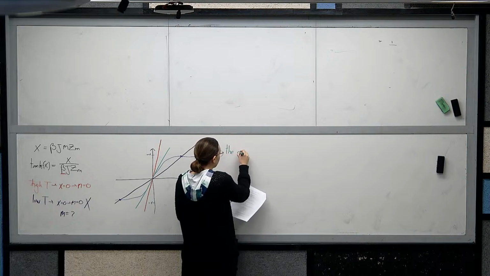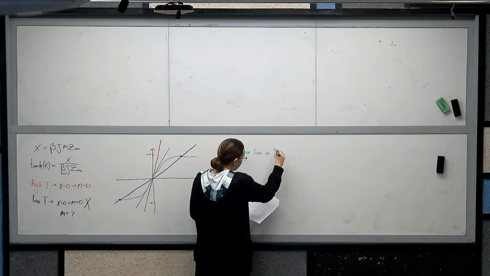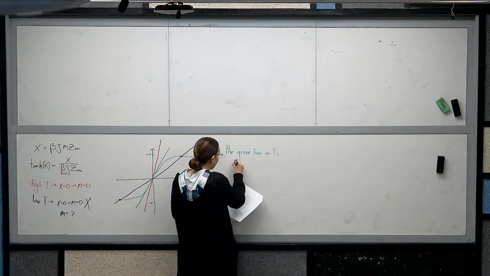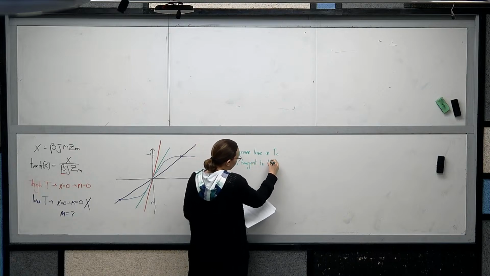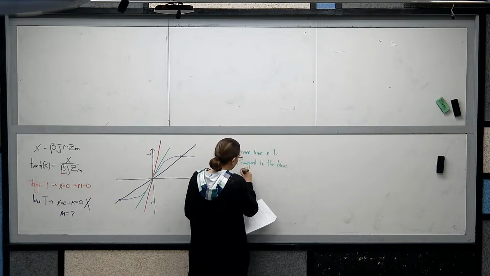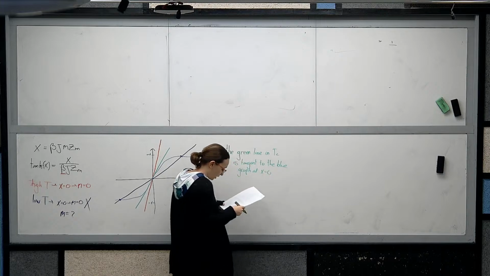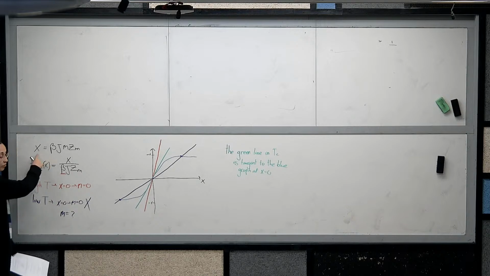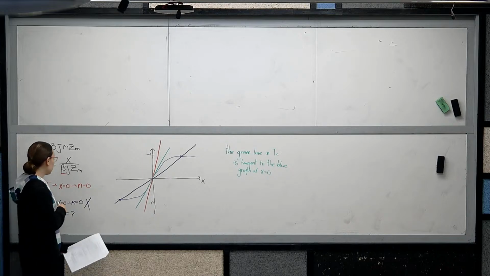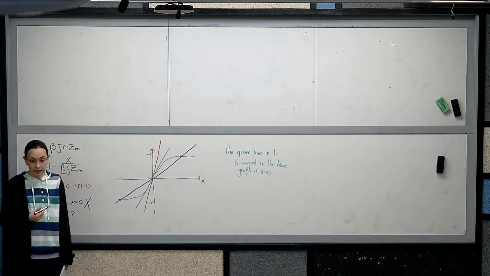Okay, so the green line at the critical temperature is tangent to the blue graph at x equals 0. So we can calculate the slope of this tangent, the hyperbolic tangent, at x equals 0, and compare it to the slope of this line, and then we can get the critical temperature.